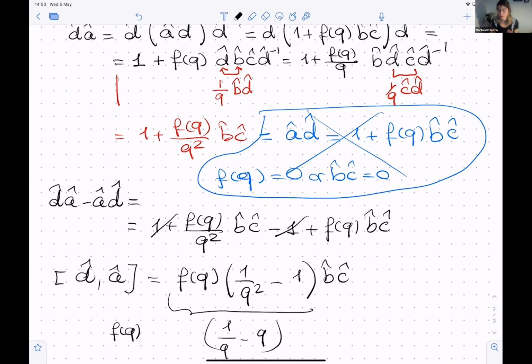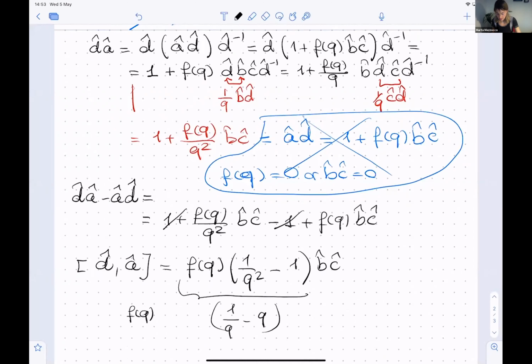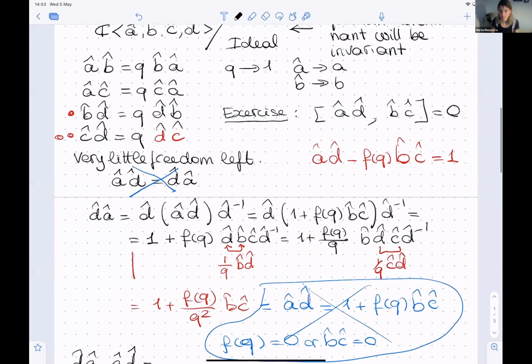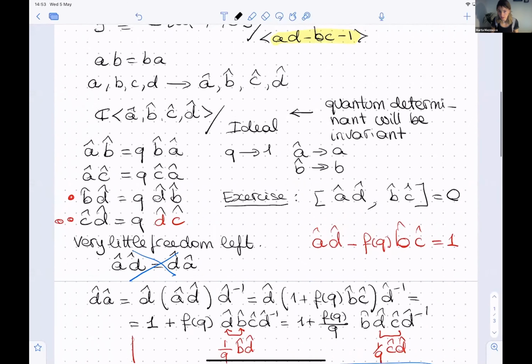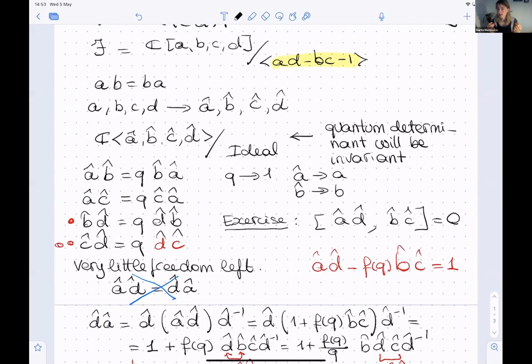But what I wanted to show you is this typical thing of quantizing systems: whenever you have a relation in your classical algebra, this relation will interact with the way you can quantize in a non-trivial way. Because if you're not careful to take into account the relation, you will end up with an algebra at quantum level which has a dimension lower, at least one dimension lower than the one you started from.